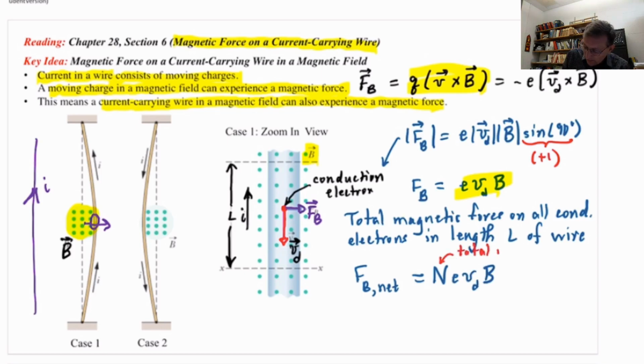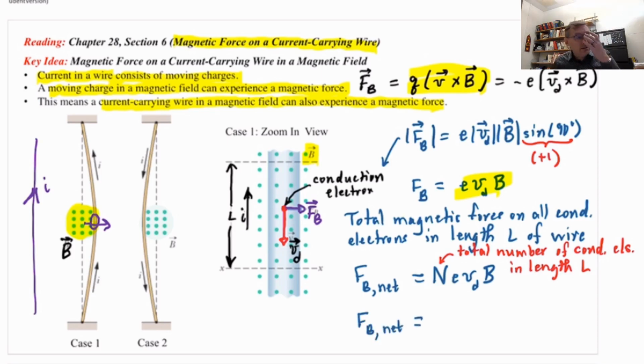This big N is the total number of conduction electrons, I'm going to abbreviate that like that, in the length L. But conducting materials have a nice property: every conducting material has a certain value for the carrier density, the number of charge carriers per unit volume, denoted little n.